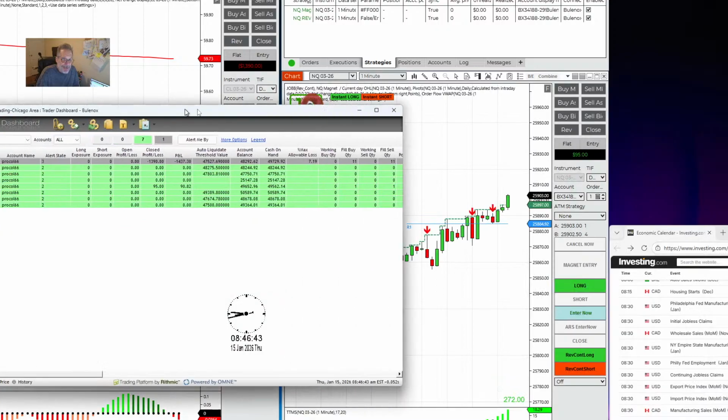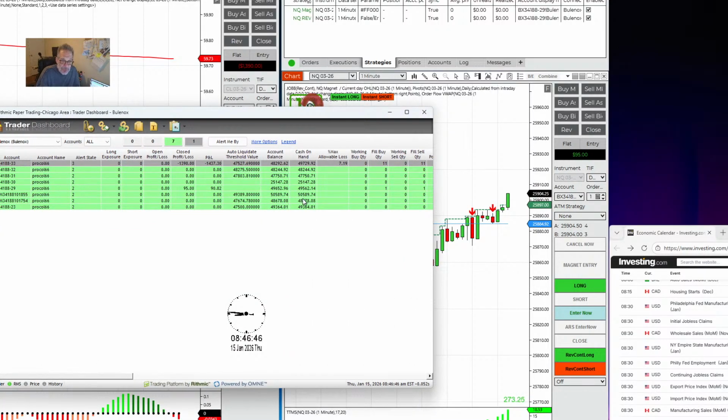So you don't have this gigantic idiotic chart in this idiotic program. Auto liquidate on my funded account is 49,389. Hang on. $49,389.